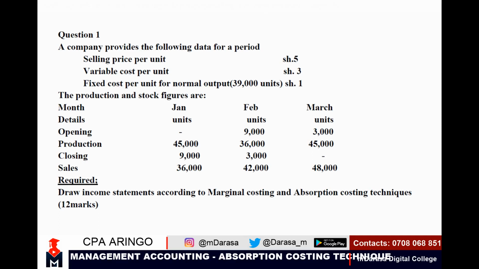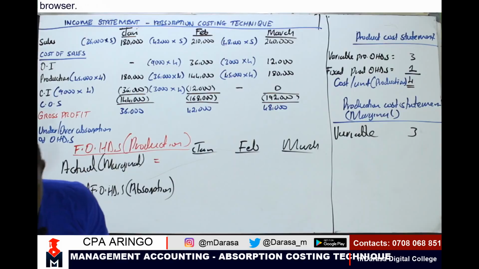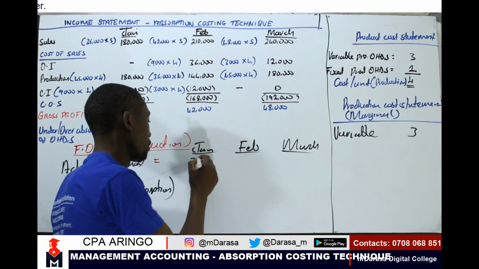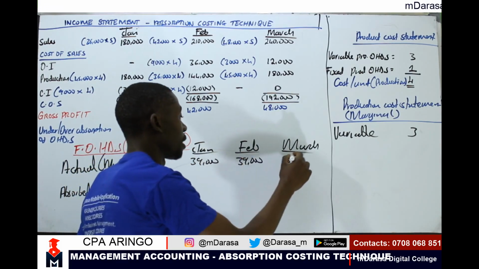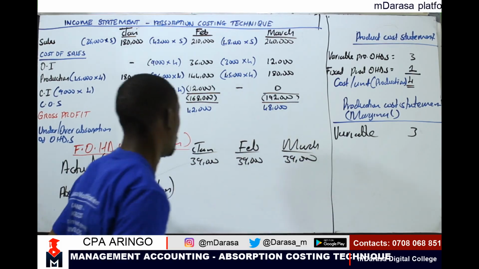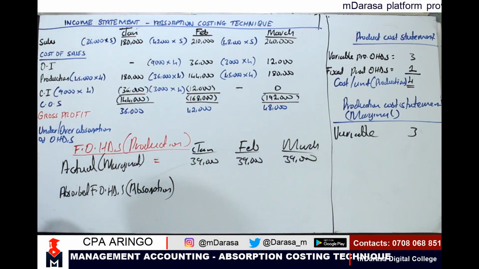So to arrive at our fixed production overheads, we had 39,000 by 1, which gave us 39,000. For marginal, it will not change.